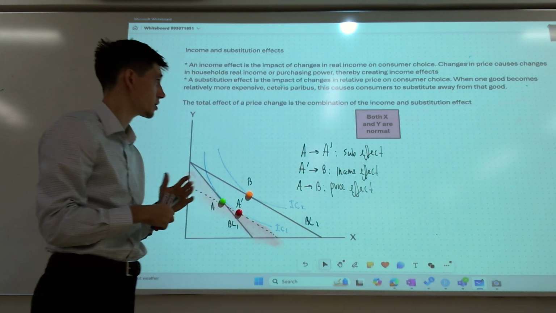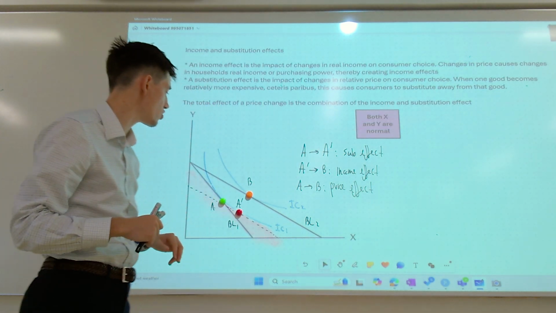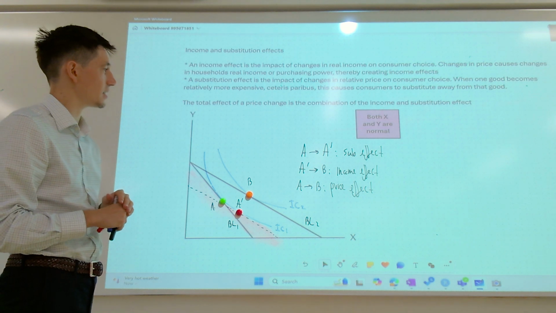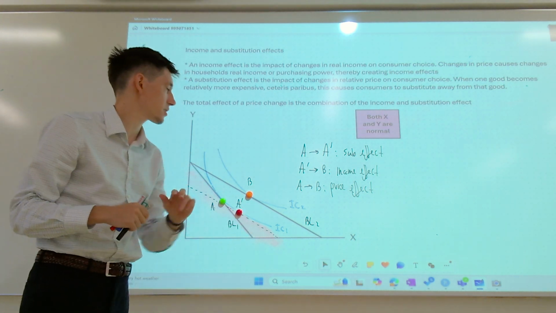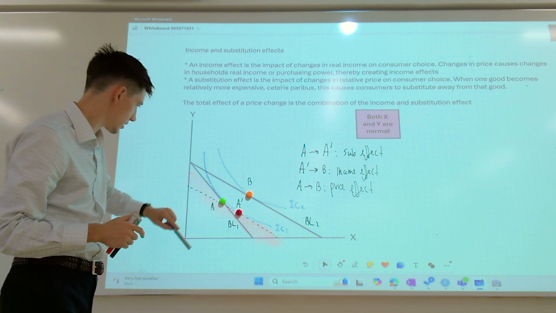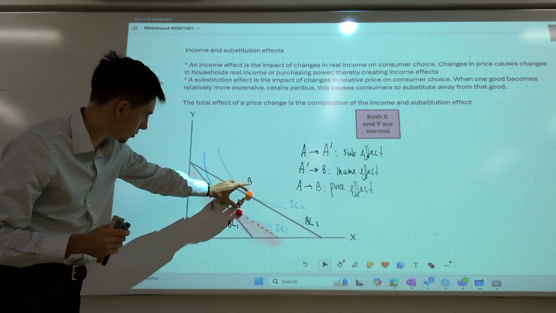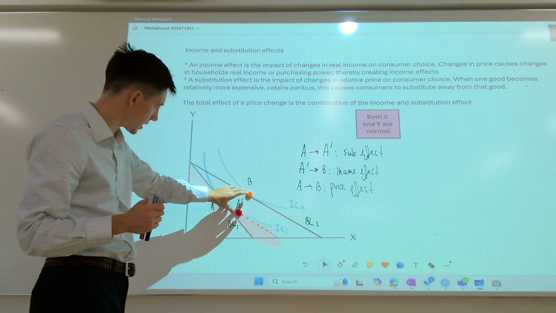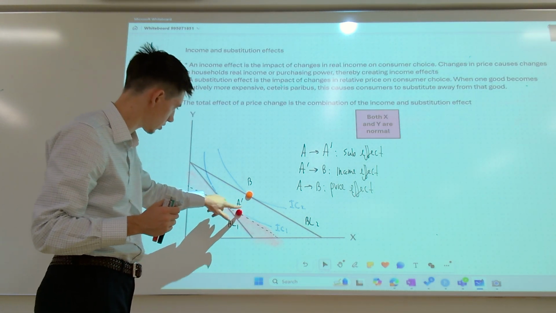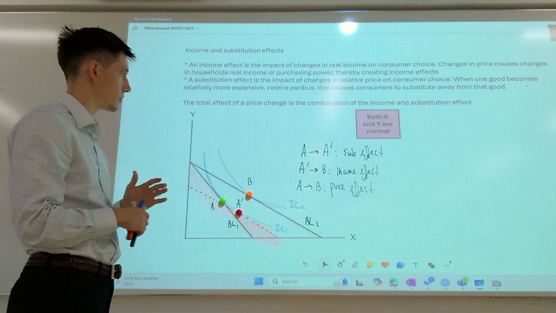Okay? So notice in this example, I'm assuming that both goods X and Y are normal. What does that mean? Well, it must be the case that the income effect is going to be positive for both goods. So the way you can see that is that the movement here, A dash to B, is showing an increase in consumption of both good X and good Y as a result of this positive income effect.